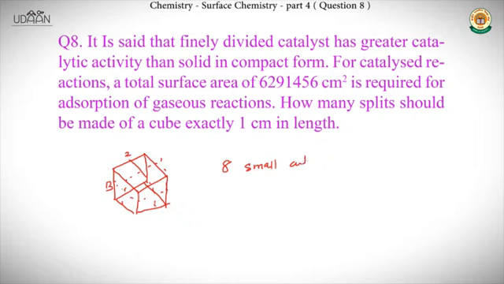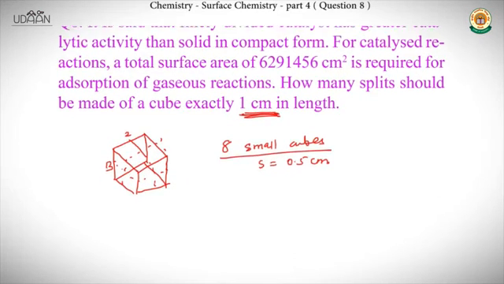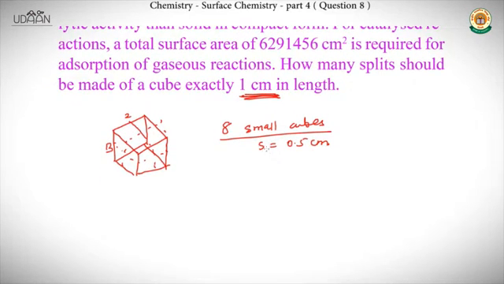And their sides will be 0.5 centimeters. I am starting with a cube of 1, so the side length of each smaller cube will be 0.5 centimeter. I'll name this L equals 1 centimeter. This is the side of the bigger cube, and the side of each smaller cube will be 0.5 centimeters in length.